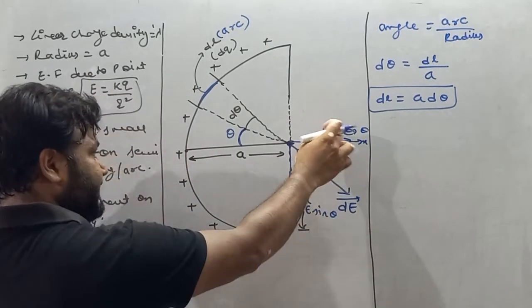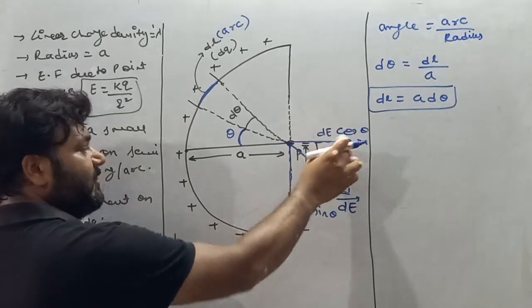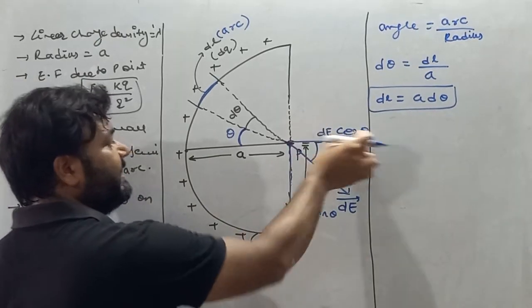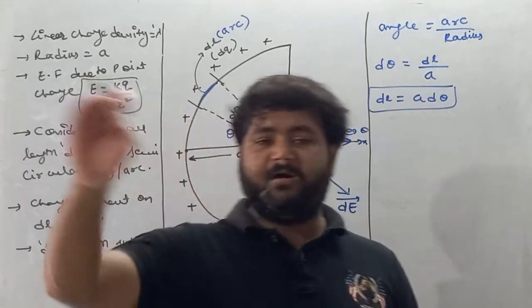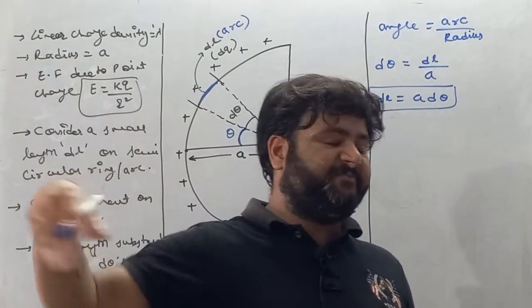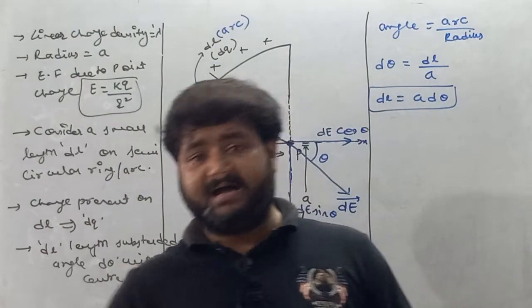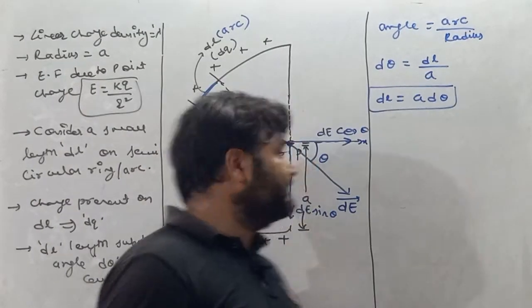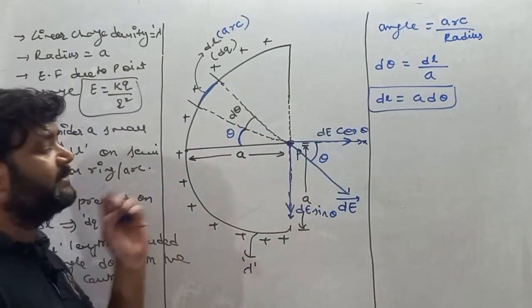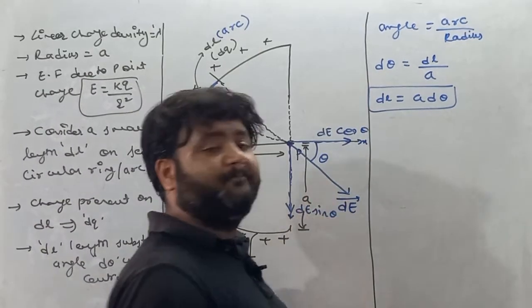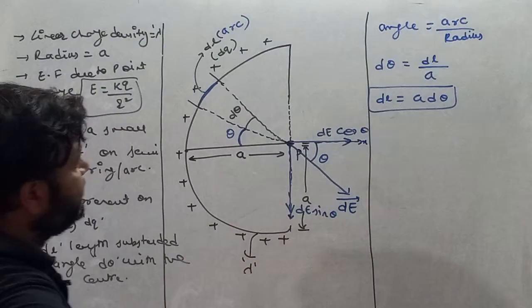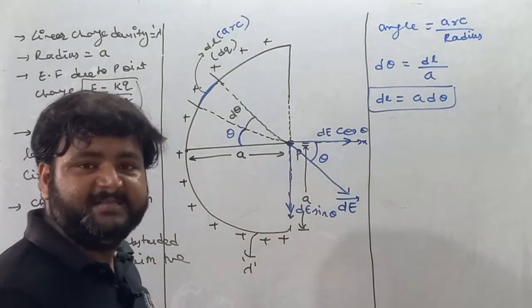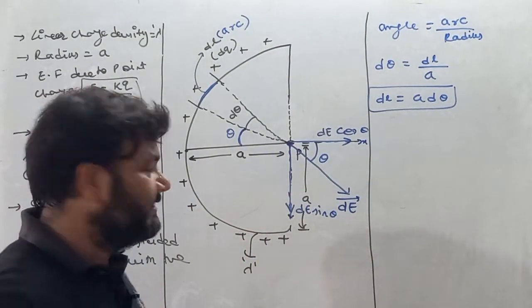Because this dE is making angle theta with the x-axis, and we know that along the line with which the vector quantity makes the angle, the cos component lies, and perpendicular to that line the sine component lies.